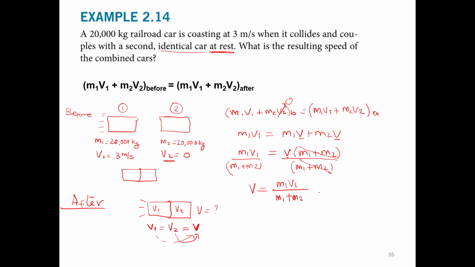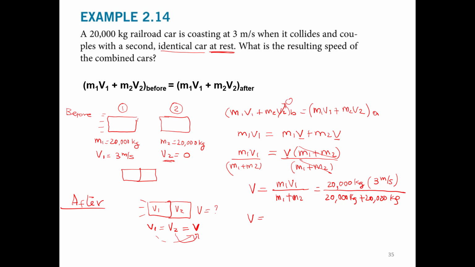Let's write the values. Mass 1 is 20 kilograms. V1 is 3 meters per second. And these masses are the same. It's 20 kilograms plus 20 kilograms.